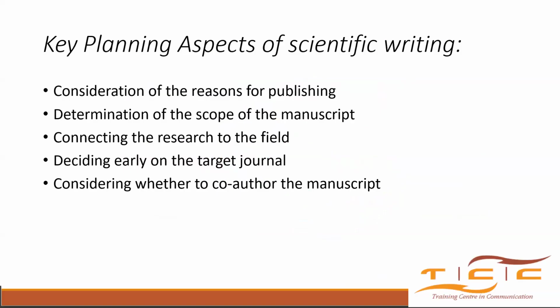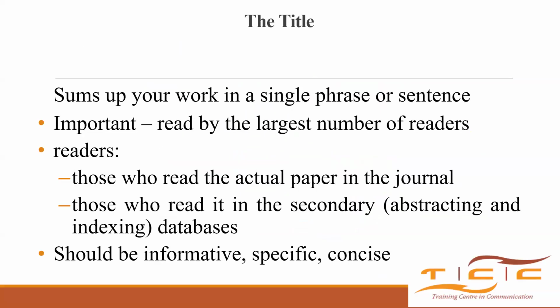Okay. I think these are a lot of things I've talked about. So we start with the title here. The title sums up your work in a single phrase or sentence. It is important because this is what is read by the largest number of readers. The title is going to be read by those who read the actual paper in the journal, those who read it in the secondary or abstracting and indexing databases.